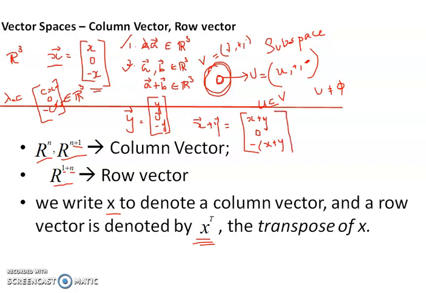So here also you are getting three elements: the first positive, the second 0, and the third row a negative element. That also belongs to R3.